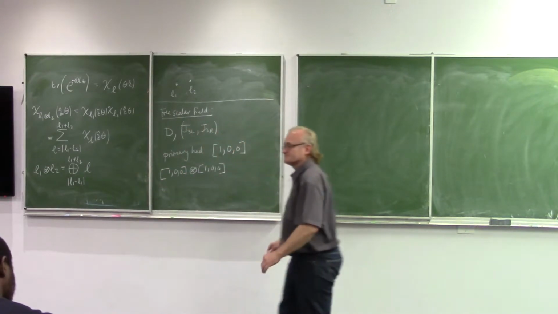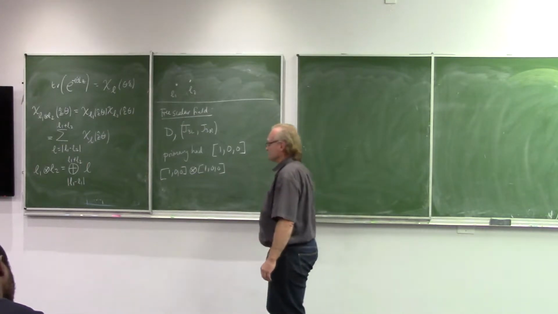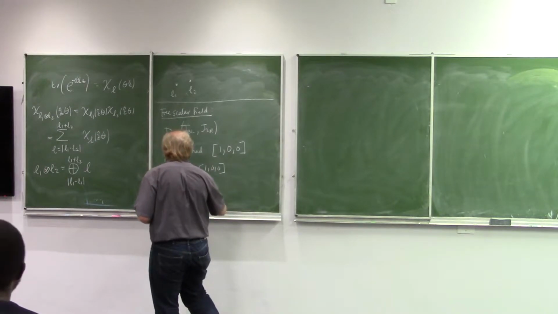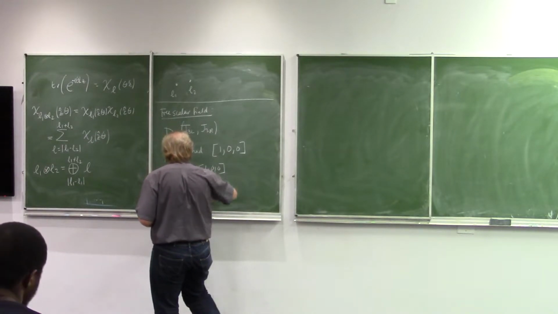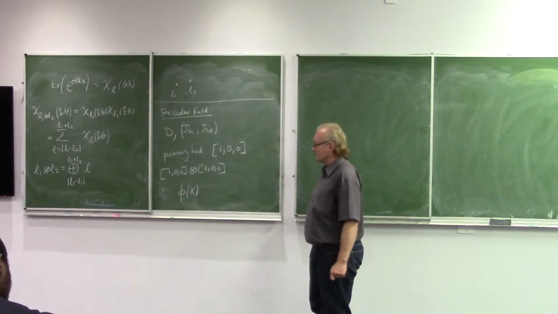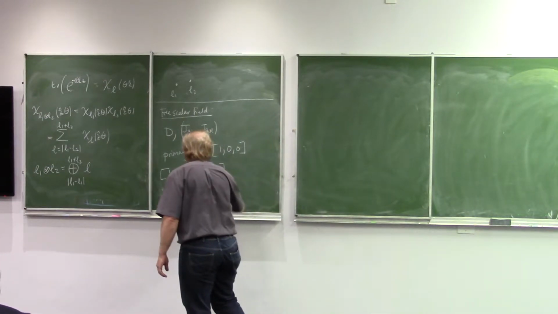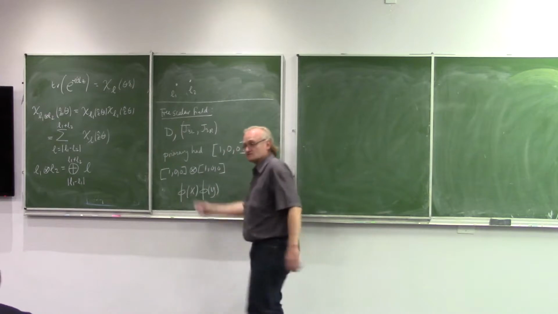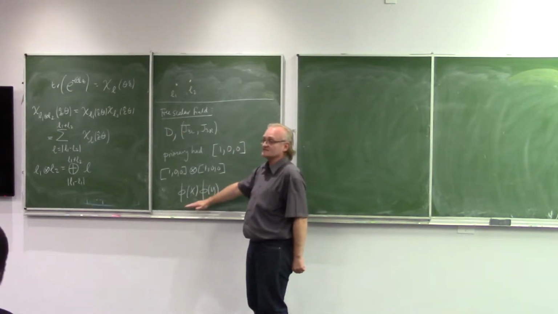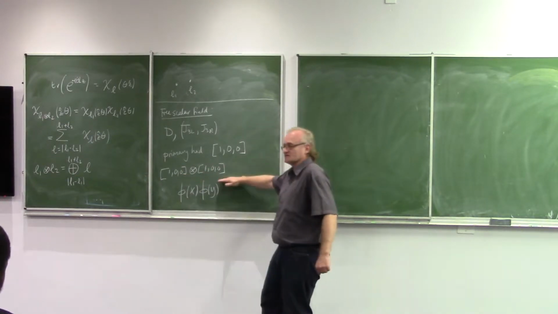What is the relevance of this? If we call the field from our CFT phi of x, with a time and spatial set of coordinates, and I multiply by a second field, phi of y, the possible representations that I will get of the conformal group are whatever I get from this tensor product.